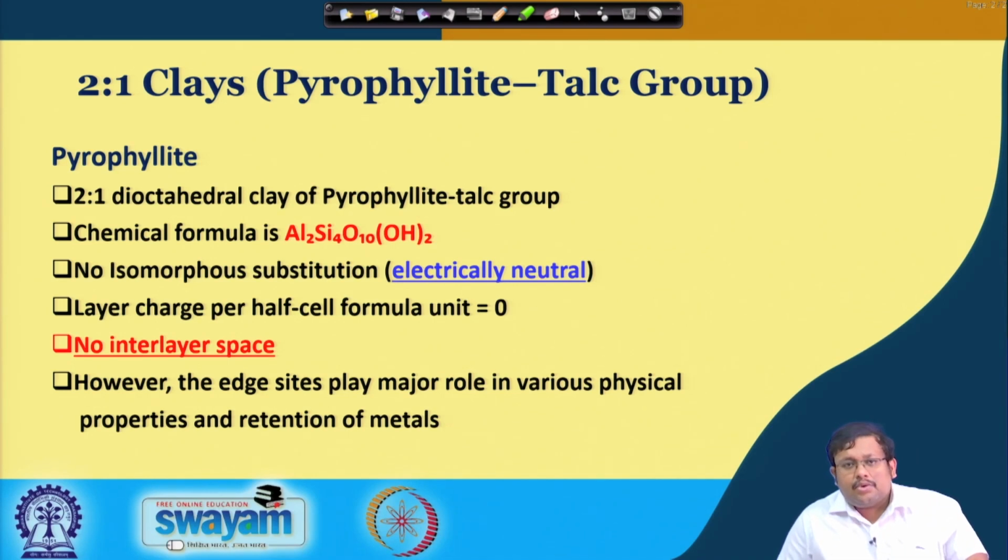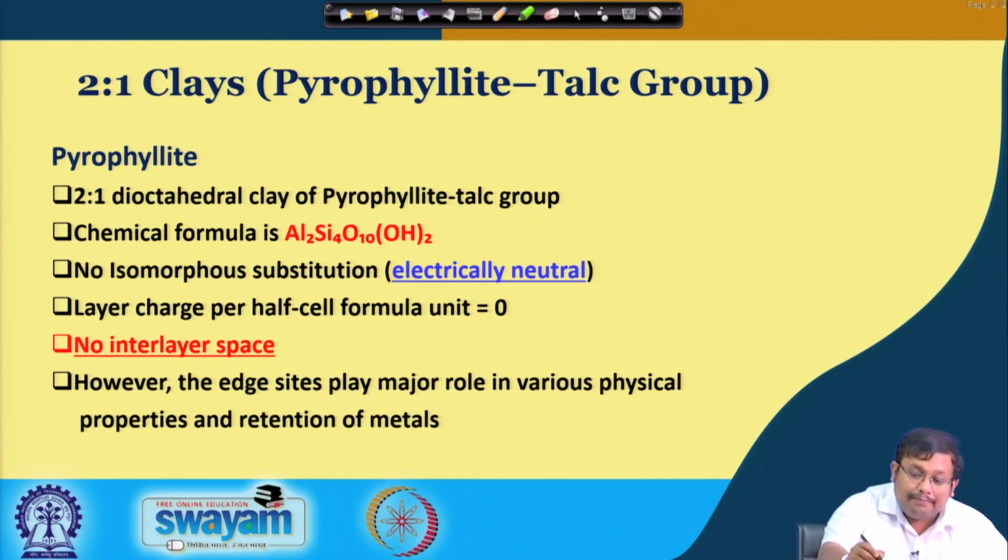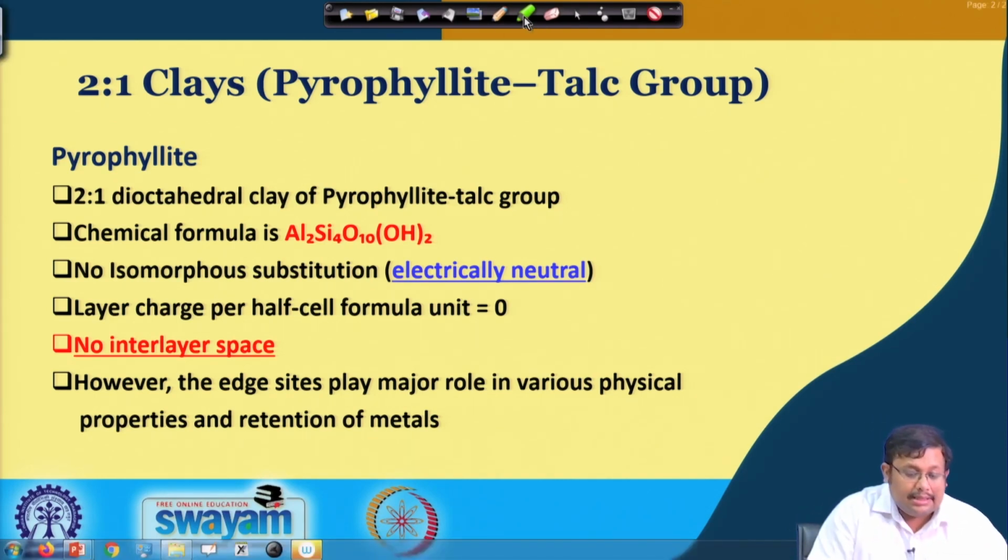At first, in the 2:1 type of clay, let us talk about the pyrophyllite-talc group. Now, pyrophyllite is a 2:1 dioctahedral clay, and it belongs to this pyrophyllite-talc group. If you see, it has the chemical formula Al2Si4O10(OH)2, and it does not show any kind of isomorphous substitution.